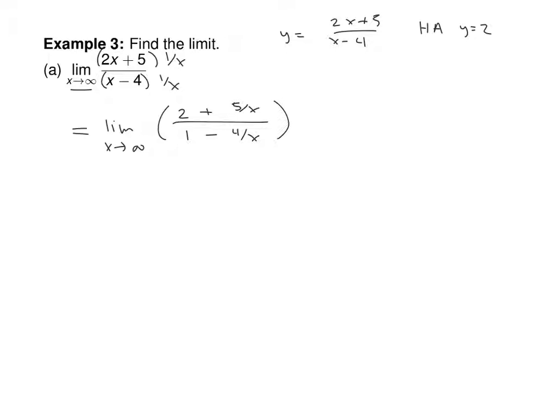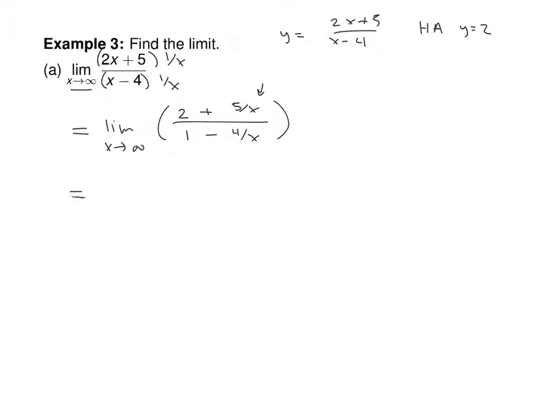Well, actually not quite. So now as x goes to infinity, what happens to, that's 5 over x, not 5 times x. So that's now 5 over big number. That was like a 0. So that goes to 0, right? What happens to 4 over x? Goes to 0.